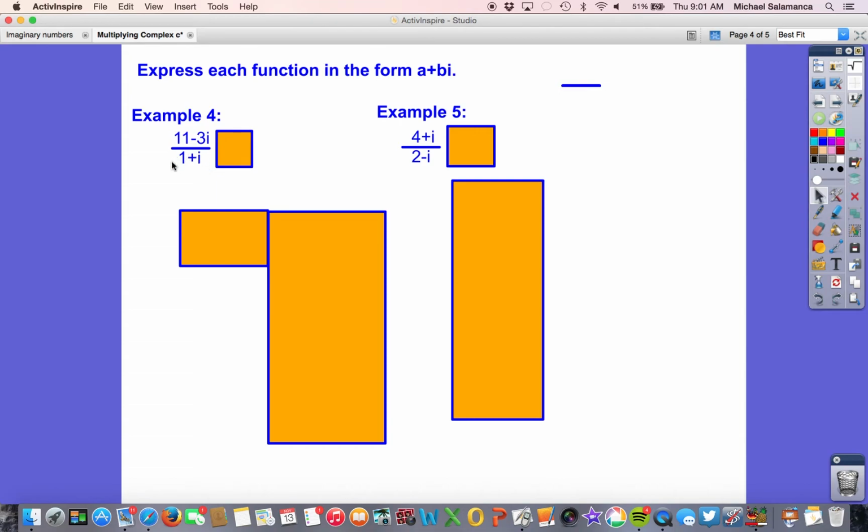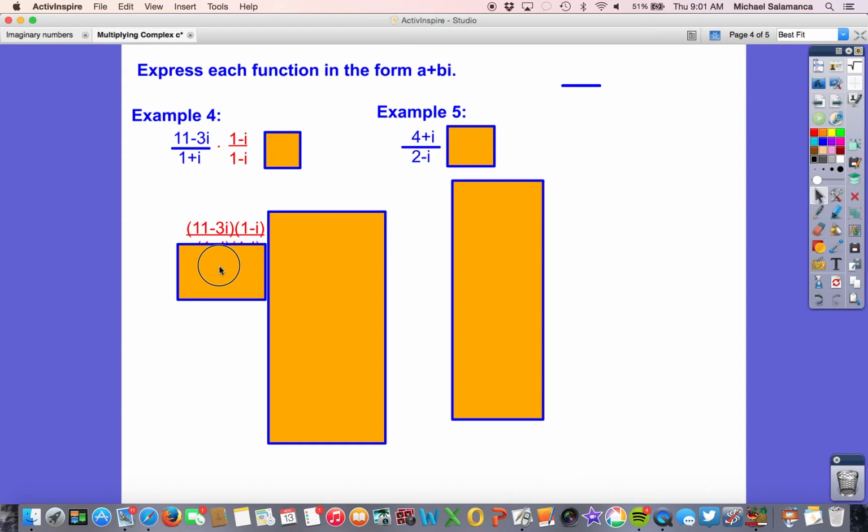Since we're trying to get rid of the i on the denominator, we're going to multiply by that conjugate. So the conjugate of 1 plus i is 1 minus i. And we're going to multiply that to both the top and the bottom of our fraction. And that would look a little bit like this when we multiply.